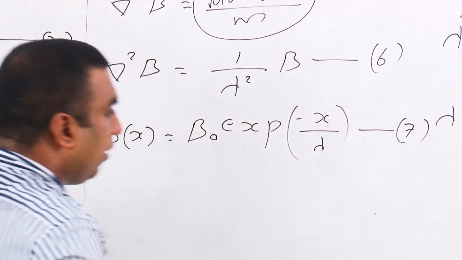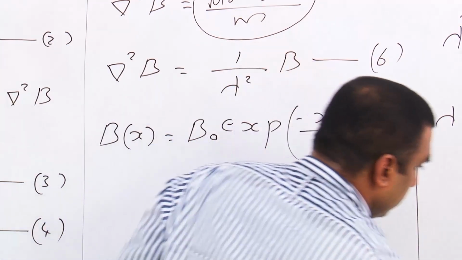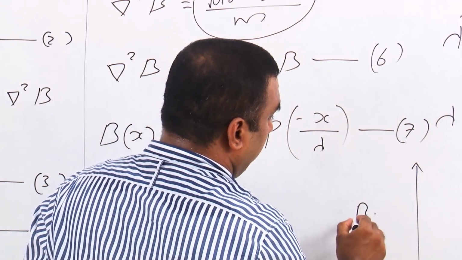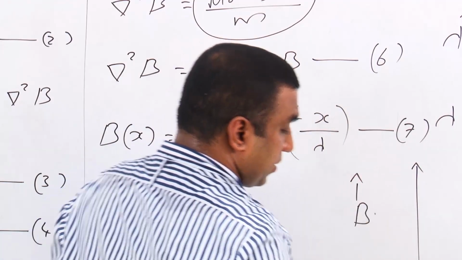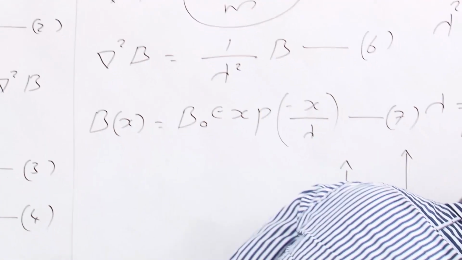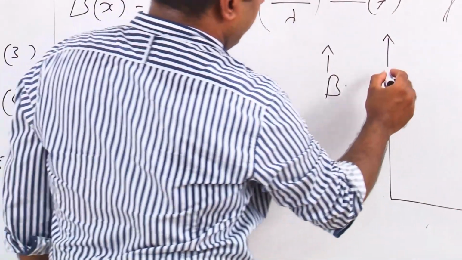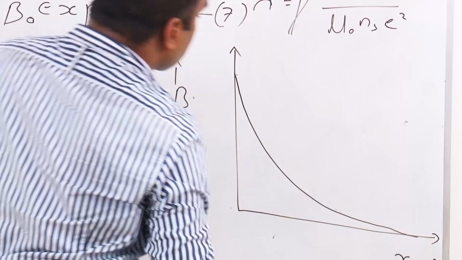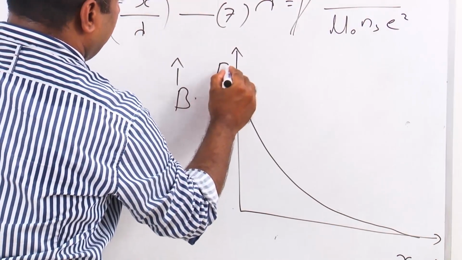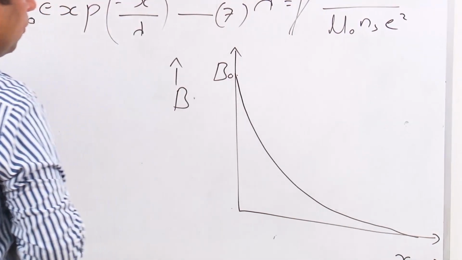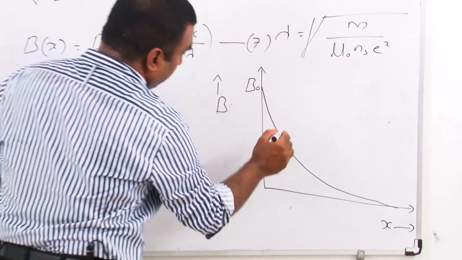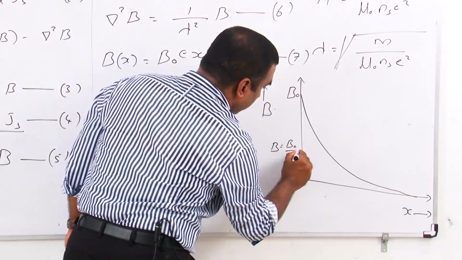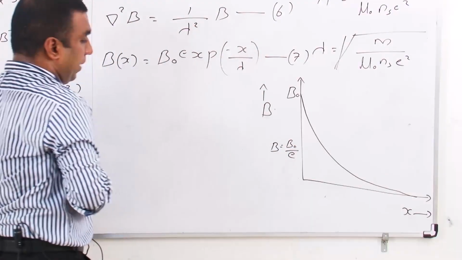If we plot a graph with magnetic field along y-axis and distance along x-axis, we get a curve like this. This is the maximum magnetic field denoted by B0, and we take a point where the magnetic field is 1 by e times the maximum magnetic field.